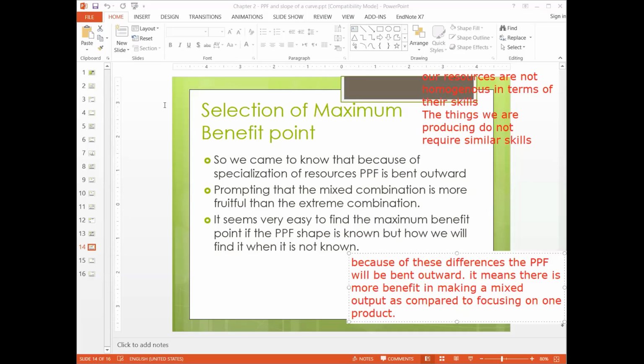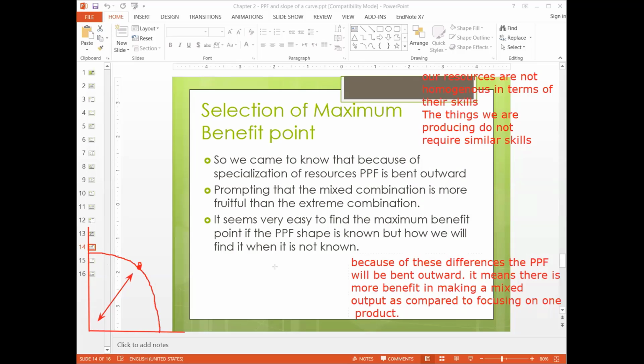In our previous diagram, we made an example PPF. Let me make it here. So the diagram that I made was like this. It looks like the center point is somewhere here because it is the furthest from zero. The more distance that we have from zero, the more benefit we have.